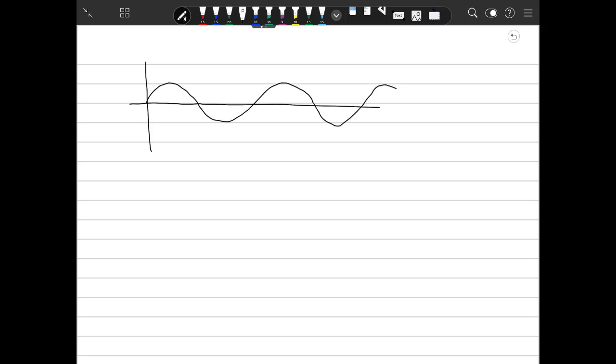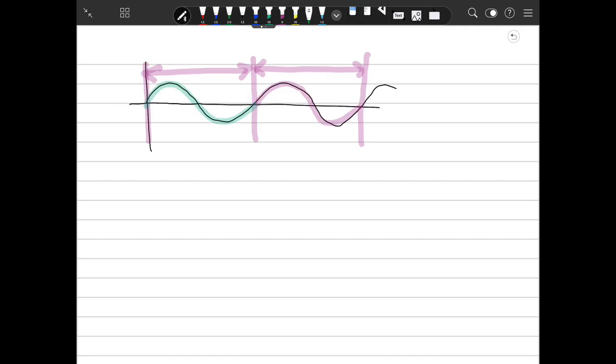That means this is a sinusoidal function. From here to here, this is one period. And the next period, this waveform is exactly the same as the next waveform.